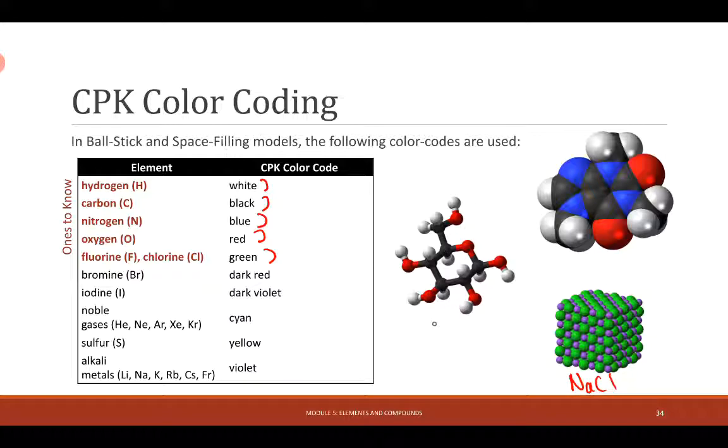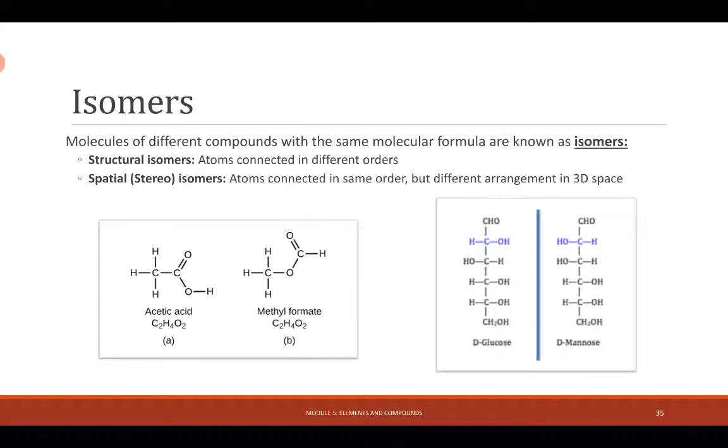This is glucose, which is C6H12O6. And so you can see there's 1, 2, 3, 4, 5, 6 red balls, and so that's glucose. And this is caffeine, one of my favorite molecules.